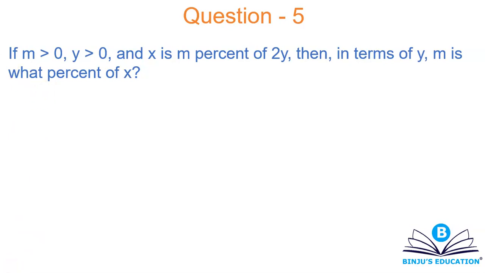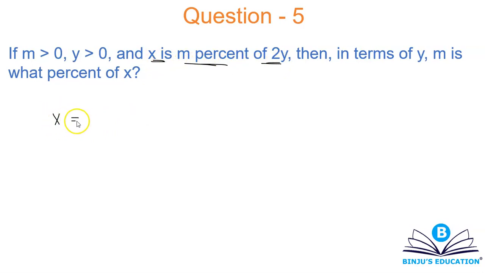Alright, let's solve this one. M greater than 0, y greater than 0, x is m% of 2y. Okay, let's decode this. X is m% of 2y.